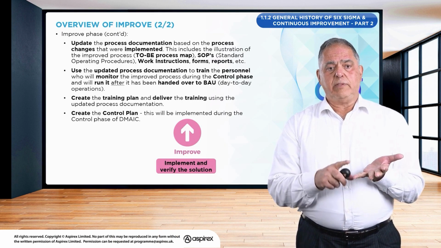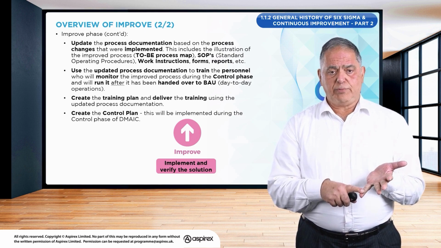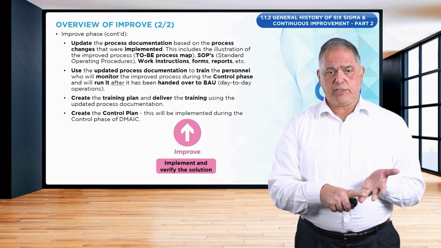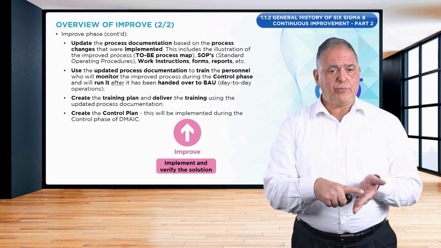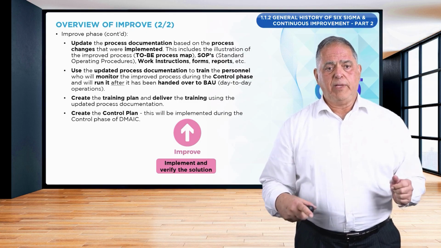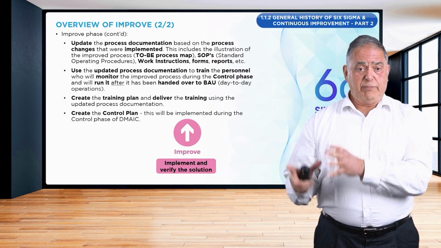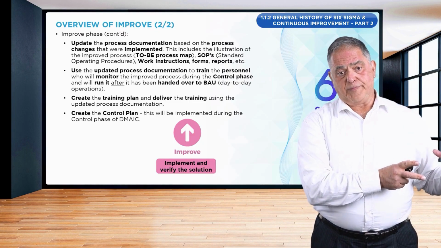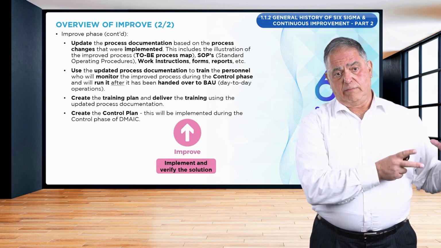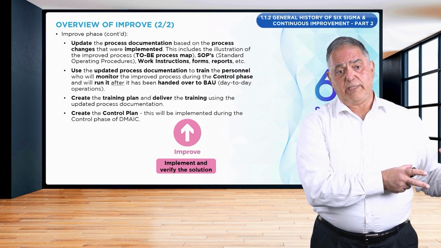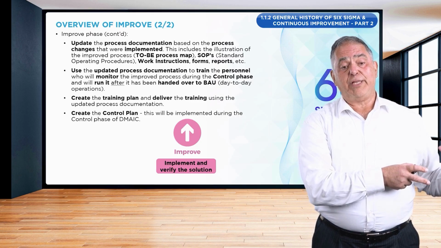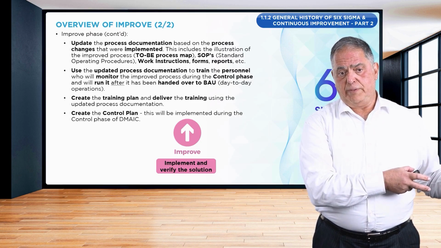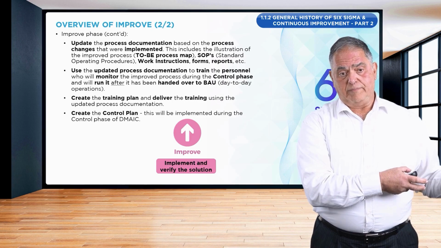For example, any standard operating procedures, any working instructions, any forms, reports, etc. So with this knowledge of the improved process, we go back to the illustration of the process map that we created in the analyze phase, the 2B process map, and we update it.